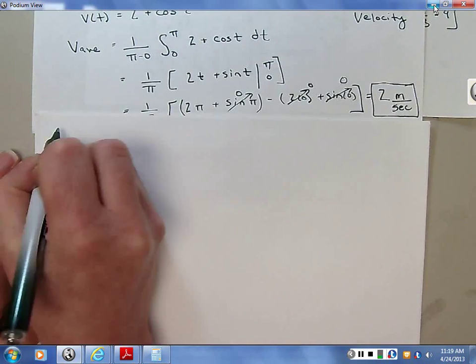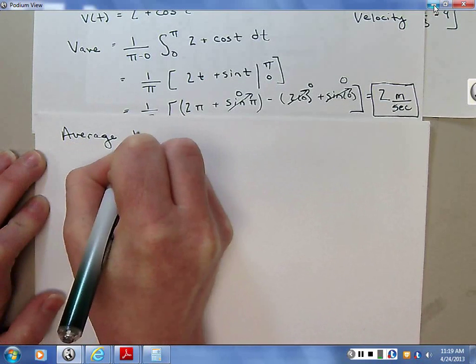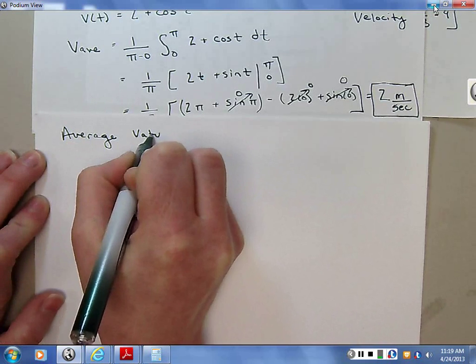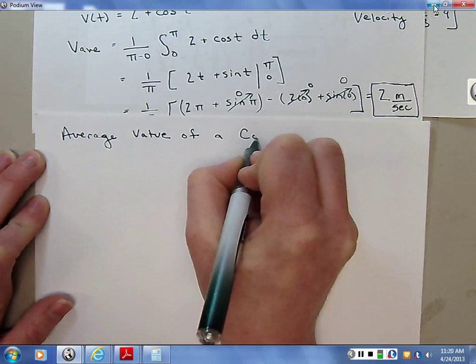So this is the idea of the average value of a continuous function.